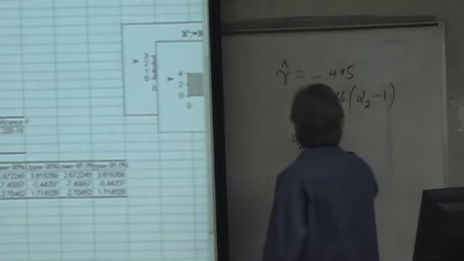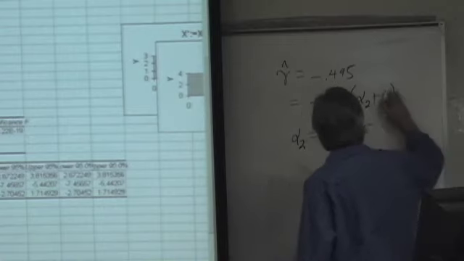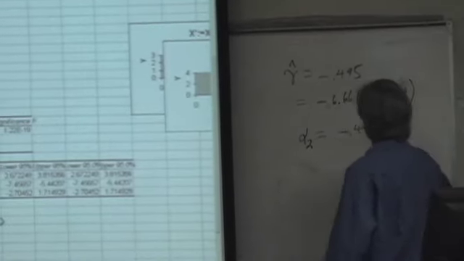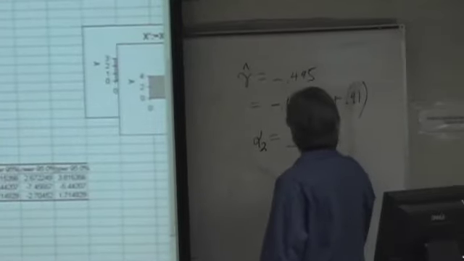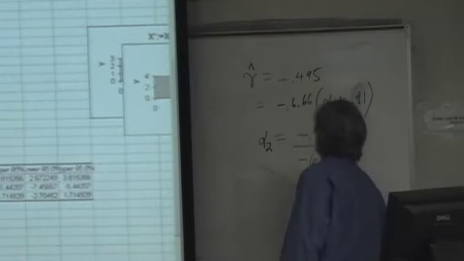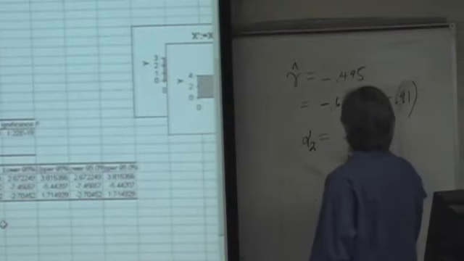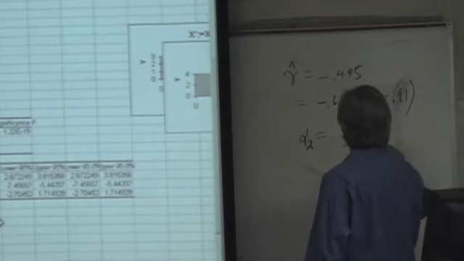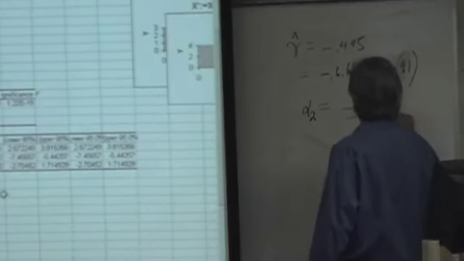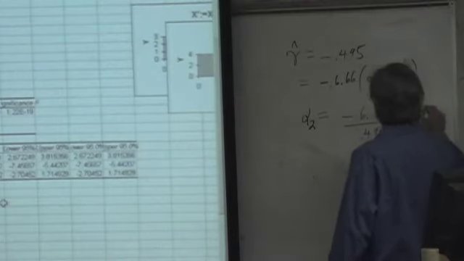Therefore, alpha 2 is equal to negative 0.495 over negative 6.66, plus 0.91. Alpha 2 is the other way, divided by 0.4, minus 0.91.